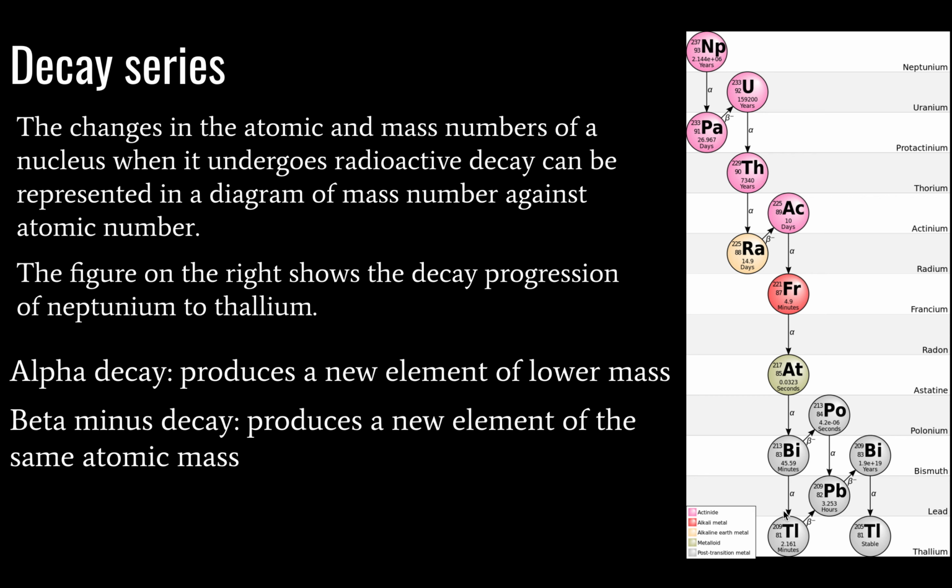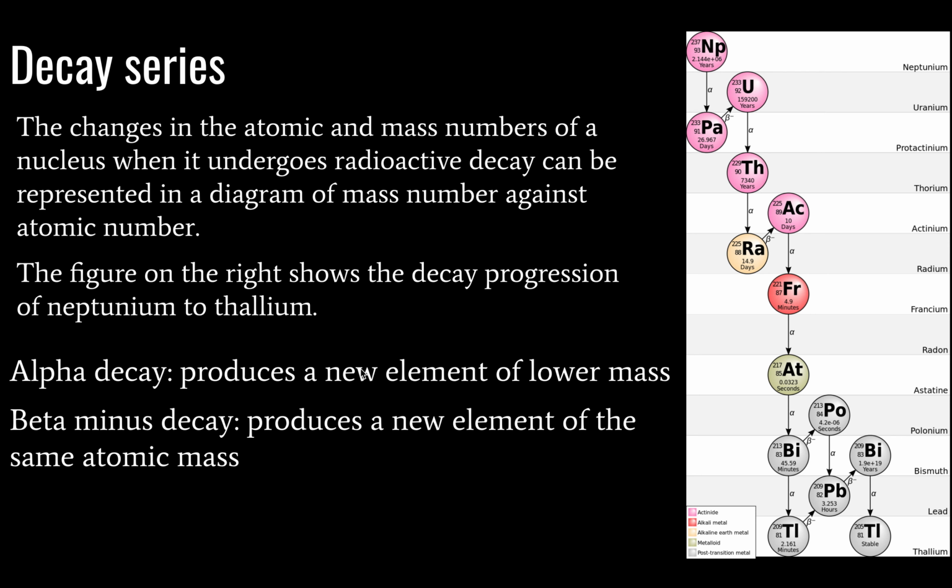This process continues until eventually we're down to thallium, which is now our stable isotope, and it has to be exactly this isotope, or it's not stable. Thallium 209 here is still going to undergo decays, but thallium 205 is stable.